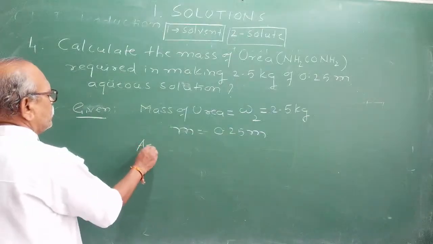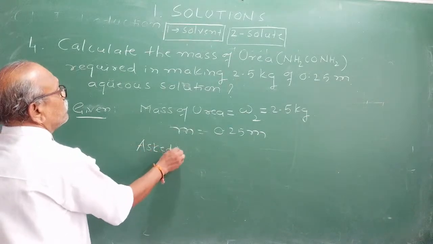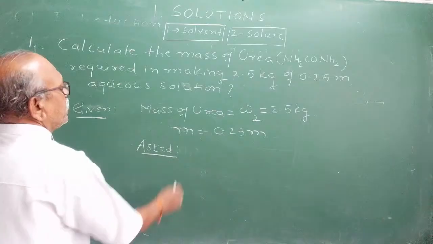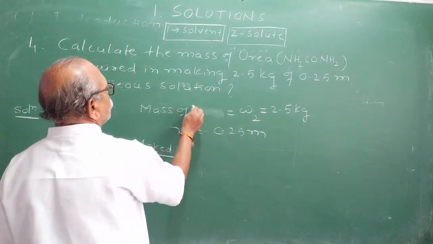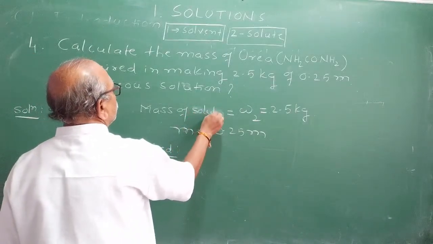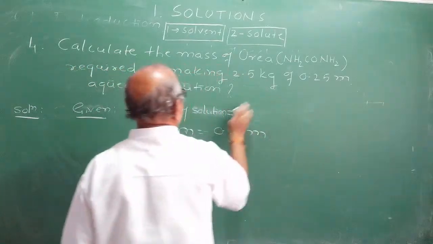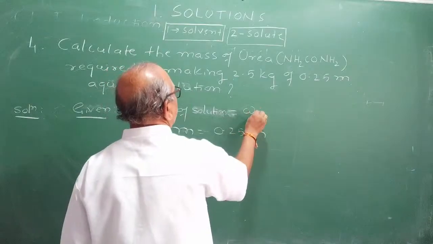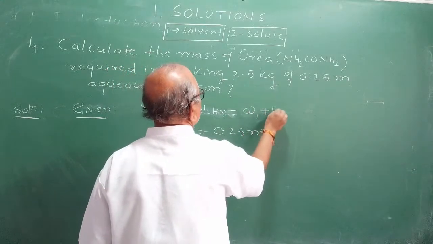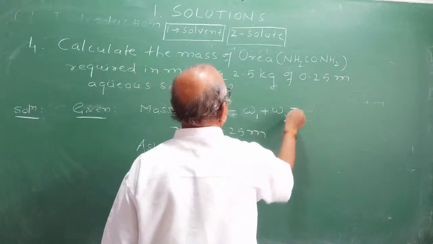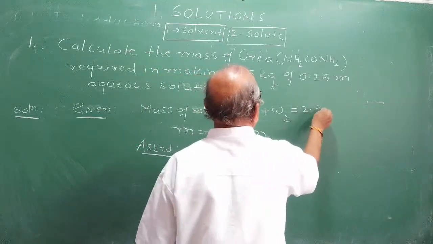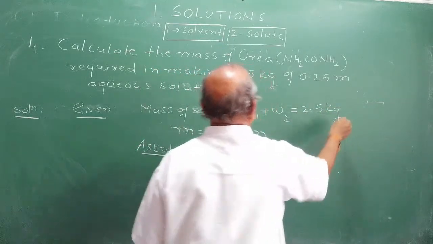What you are asked to get is the mass of the solution. Just observe here. Mass of the solution is given by mass of solute plus mass of the solvent, which is 2.5 kg. This you understand clearly.